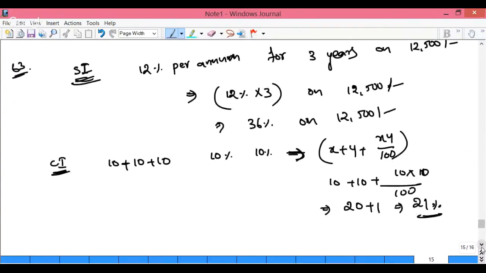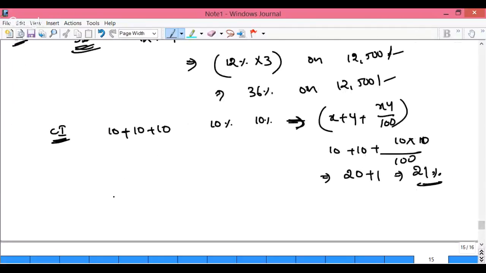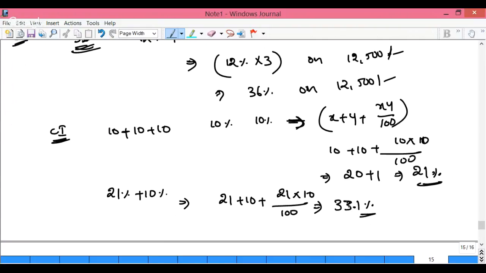Now again 10% for the third year. It will be 21 plus 21 into 10 by 100, which will be 33.1 percentage on 12,500.